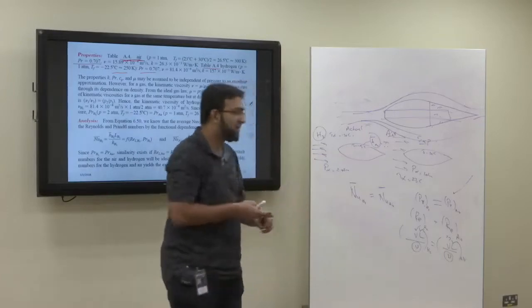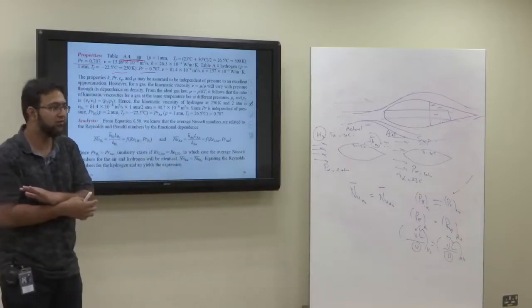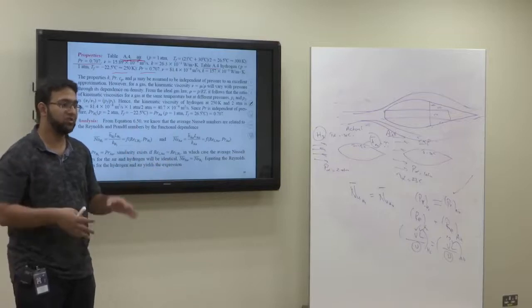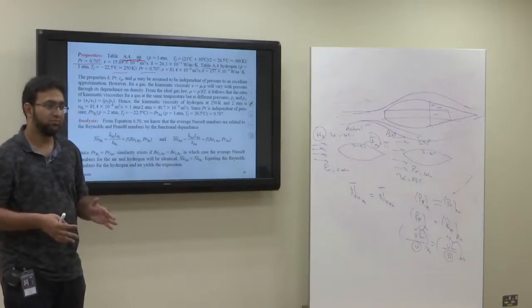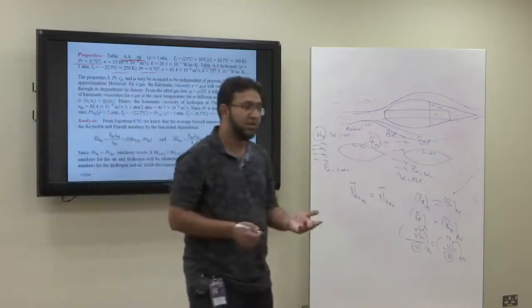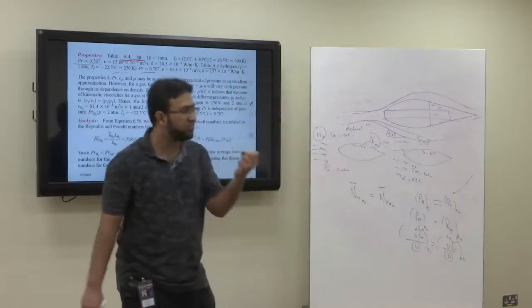But the problem is that in the tables, the values are all provided for 1 atmosphere, even for the hydrogen case. Even for the hydrogen case, the values are not provided for 2 atmosphere. So now we have to consider which properties depend upon pressure.